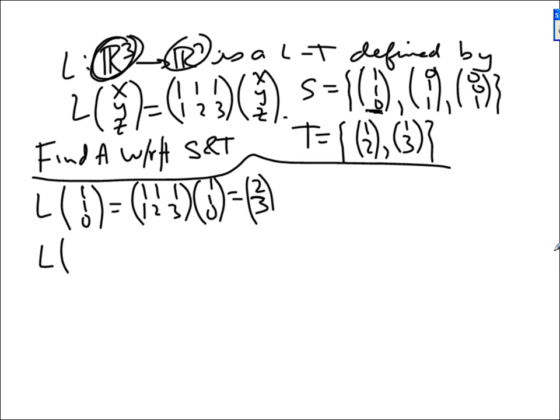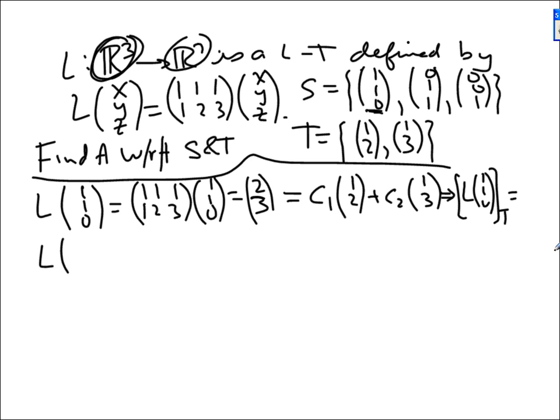Now we want to write 2, 3 as a linear combination of the vectors in T, 1, 2 and 1, 3. And whatever we get for C1 and C2, that's going to tell me that L of 1, 1, 0 with respect to T will be C1, C2.